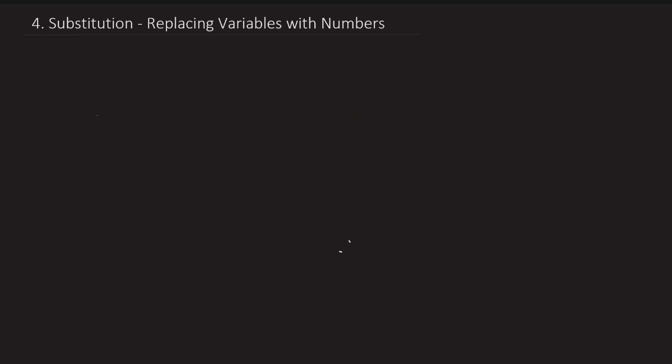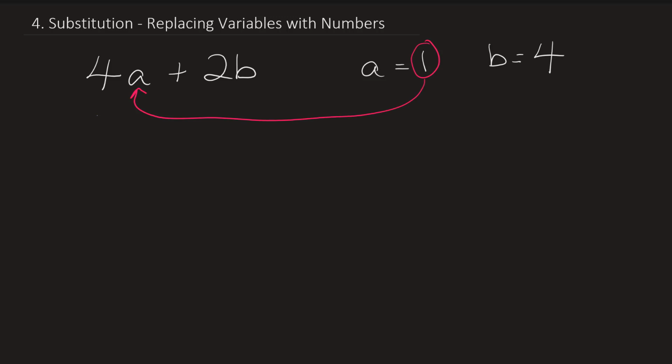Let's have a look at another example. This time we'll take two terms, 4a plus 2b, and the value of a is 1 and b is 4. Let's now substitute this 1 in for the a here and the 4 for the b.